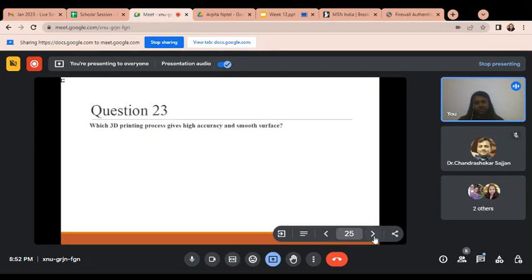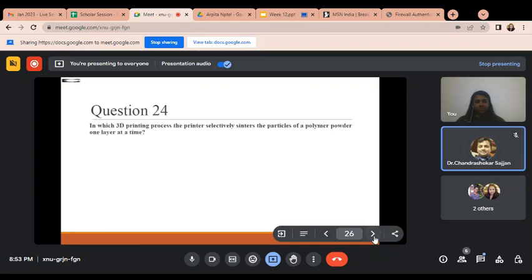Next, which 3D printing process gives a high accuracy and a smooth surface? Actually, in the lecture video, it is discussed that SLA gives high accuracy and a smooth surface.